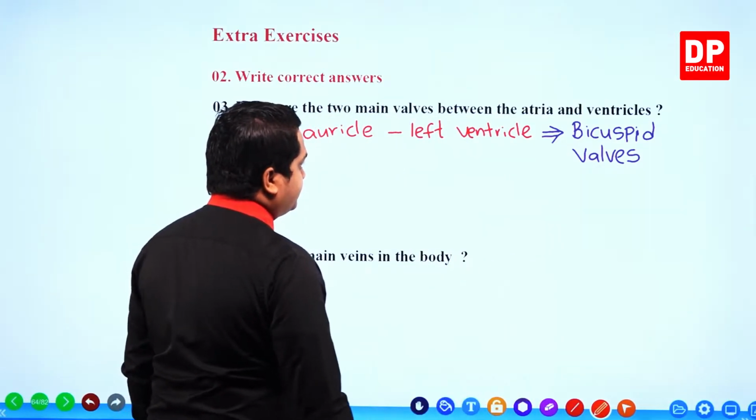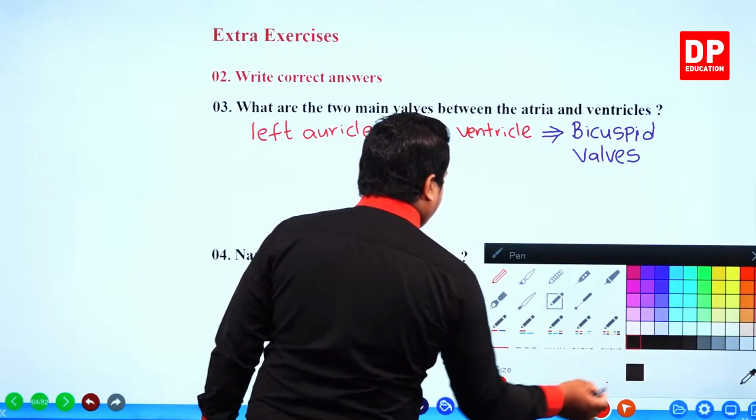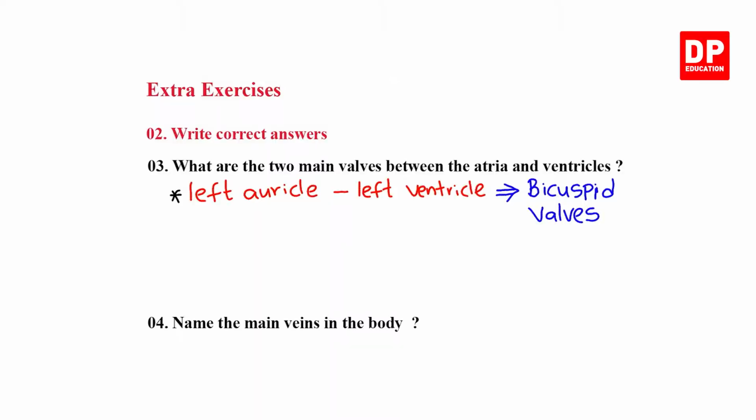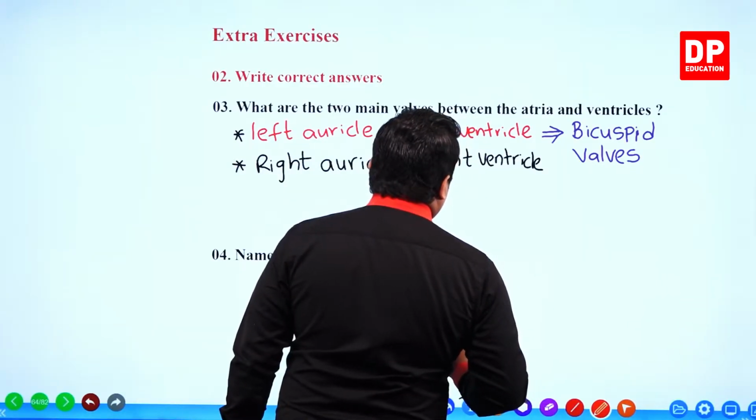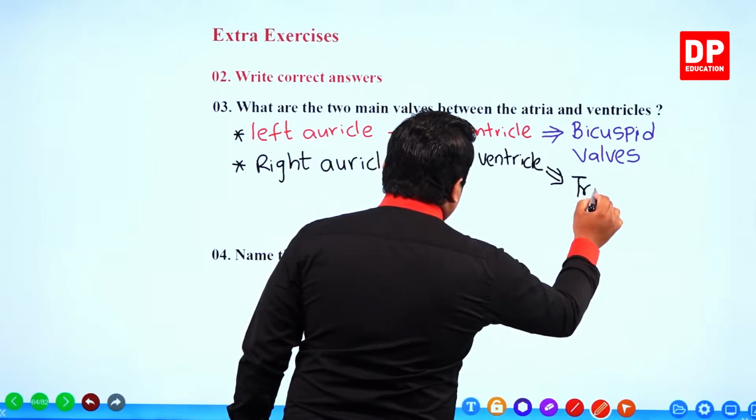Then right auricle and right ventricle, between these two, you can observe the tricuspid valve.